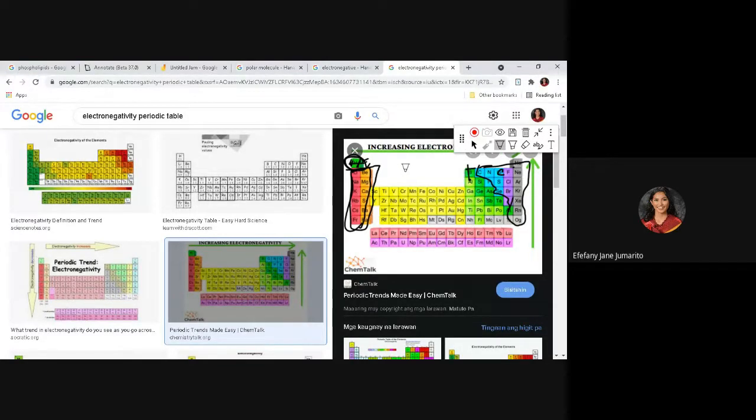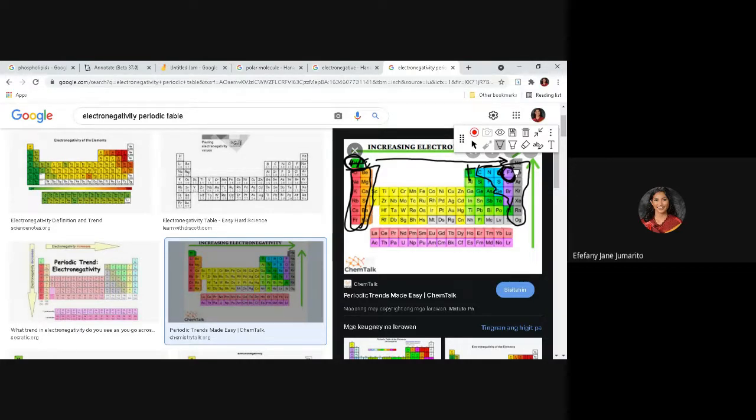Now, when we say non-polar, the highest electronegativity. When we say increasing electronegativity, which has the highest electronegativity? Fluorine. Look, fluorine is here. As you go toward this side, the electronegativity increases. The higher the electronegativity, the stronger it attracts and bonds with other molecules. So fluorine is the strongest at bonding with other atoms.